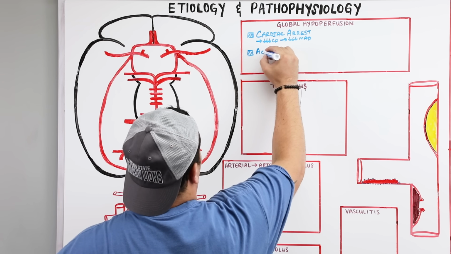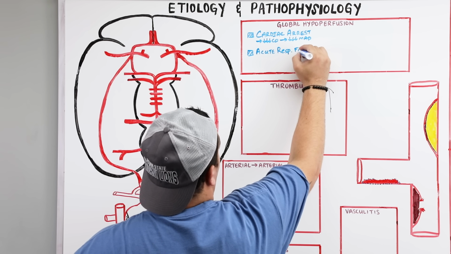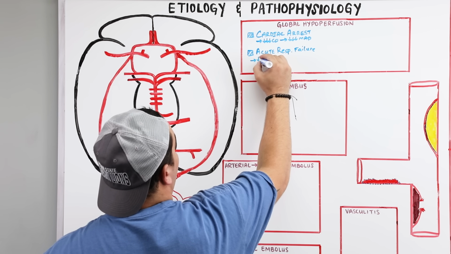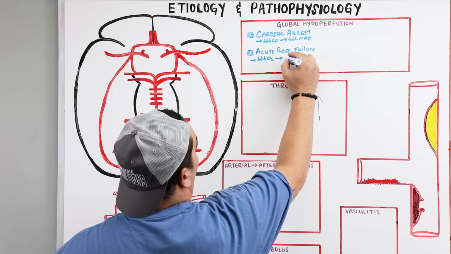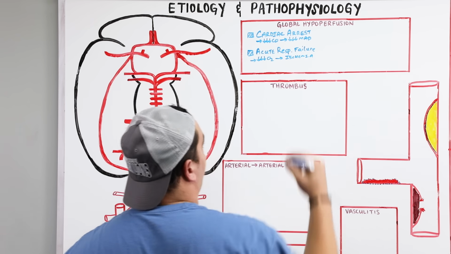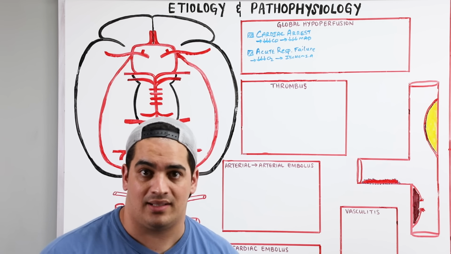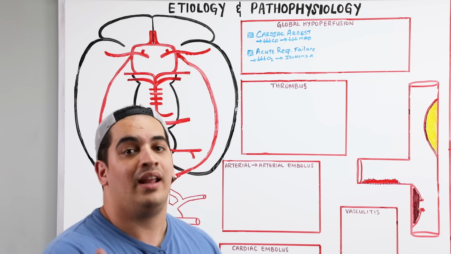So acute respiratory failure, if you will, and the whole concept behind this is that there is significantly low oxygen. If there's significantly low oxygen, that's going to lead to ischemia. Even if you have regular blood flow, if you don't have a good oxygen carrying capacity from a severe hypoxemic hypoxia, that's going to lead to ischemia, and if not treated, infarction.